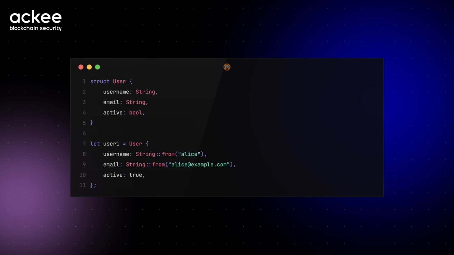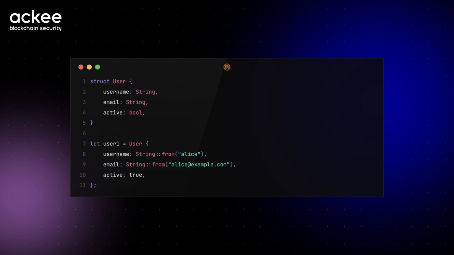But as the definition says, it groups related data. So in this case, if you would like to define multiple data about the user, you can group the data into the user struct, and it tells you the username of the user, email address, and if it's active. Then on line 7, you can see how to actually create an instance of the user struct. So we create an instance, which is actually the variable called user1, and then we create a new object.